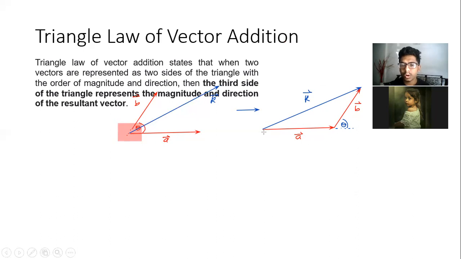It has to be the same order, from here and then from here. Then the third side of the triangle represents the magnitude and the direction of the resultant vector, right? If you want the direction of the resultant vector, let's take alpha, which is the direction of the resultant. Okay, is that clear?